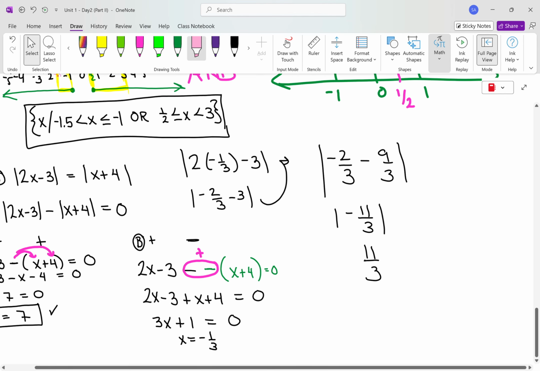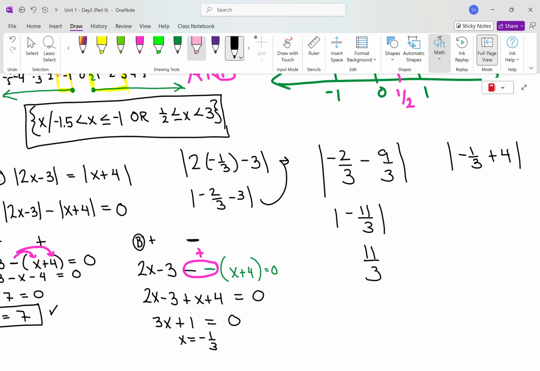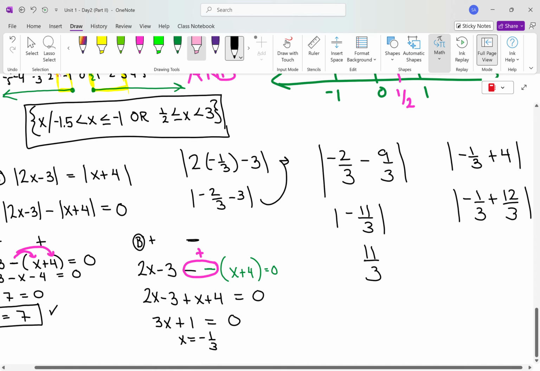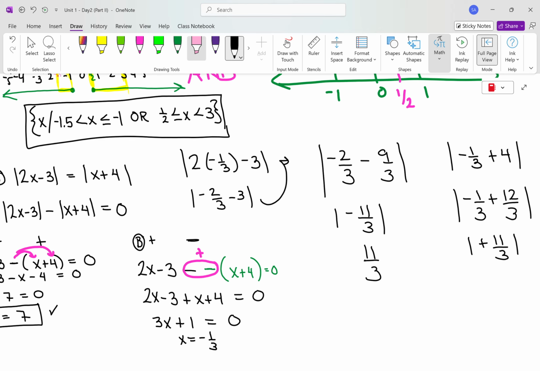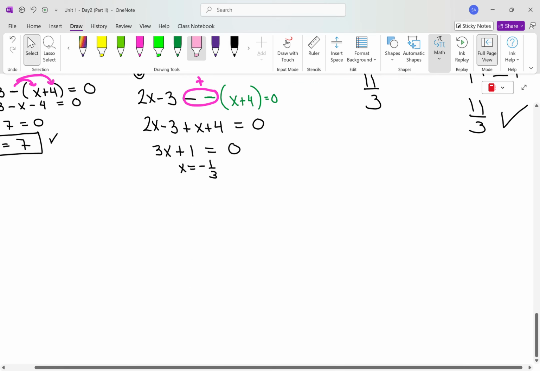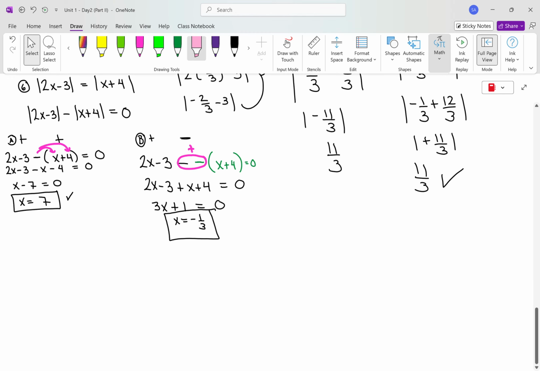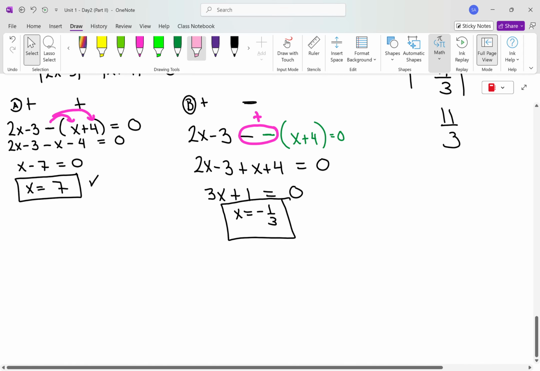What is the absolute value of negative 11/3? Positive 11/3. On the other side, I have negative 1/3 plus 4. So again, I need to make a common denominator. So negative 1/3 plus 12/3, again, is negative 11/3. The absolute value of negative 11/3 is still 11/3. Does the negative 1/3 work? Yes. So that's our solution.